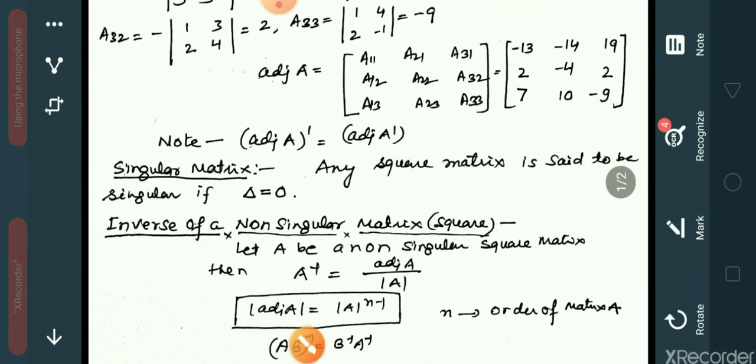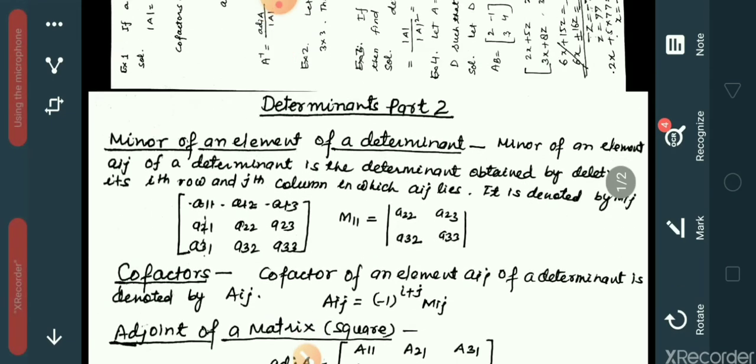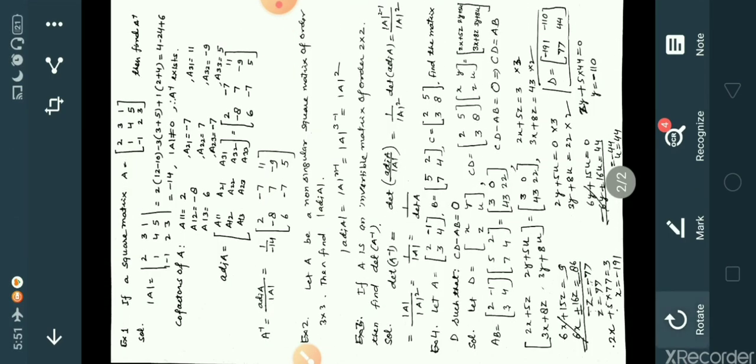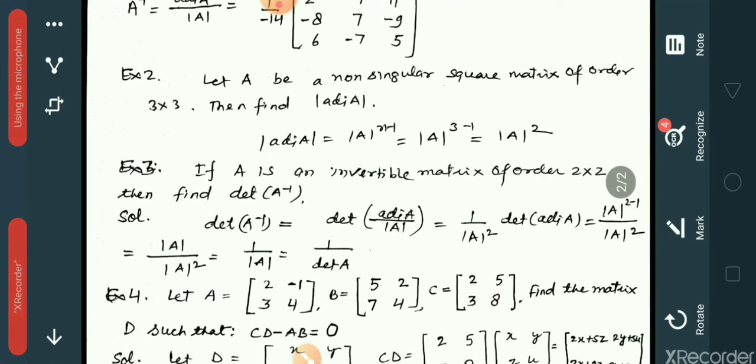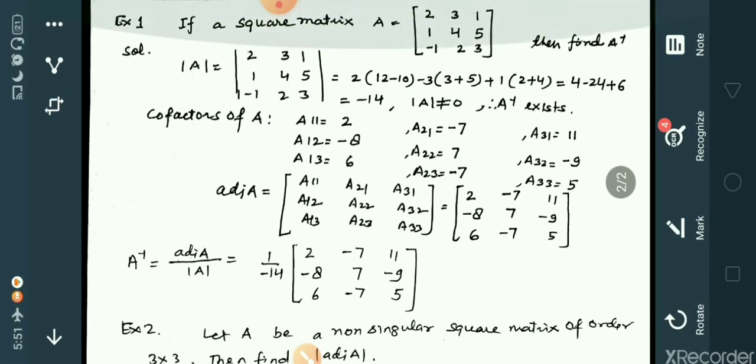Now children, we do certain important problems related to these topics. Our first problem is, if a square matrix A is equal to so and so, then find A inverse.